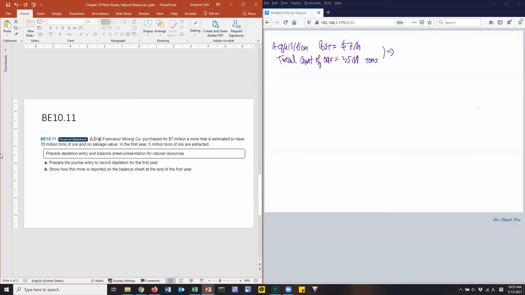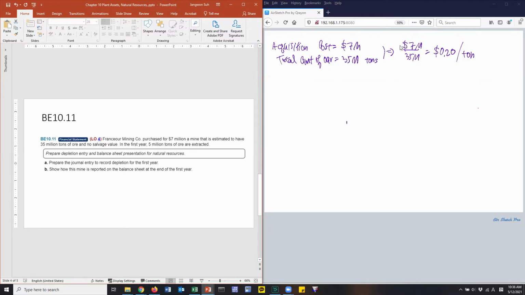This gives us an estimation of $0.20 per ton, right? 20 cents. You deplete the mine when you extract 1 ton. Does that make sense? Again, this is an application of the units of activity method, yes.